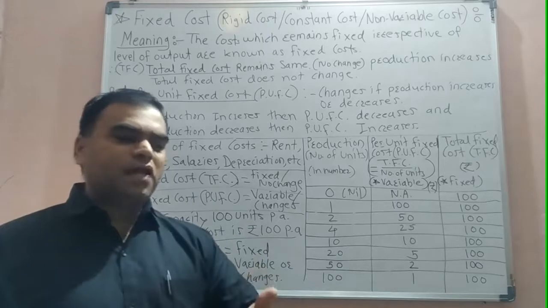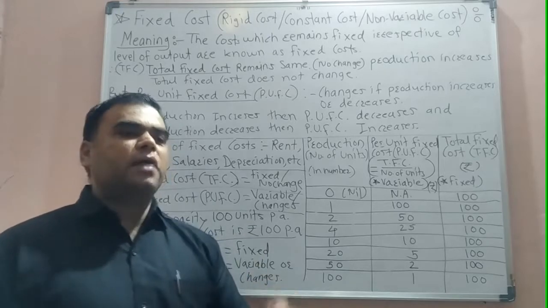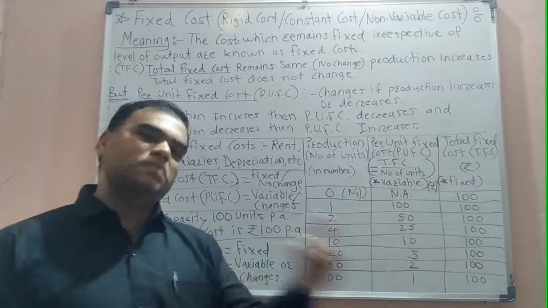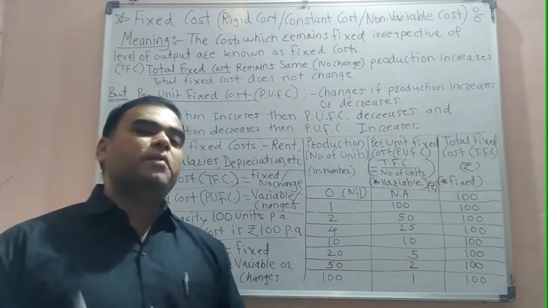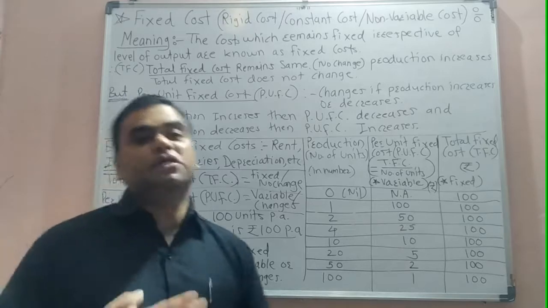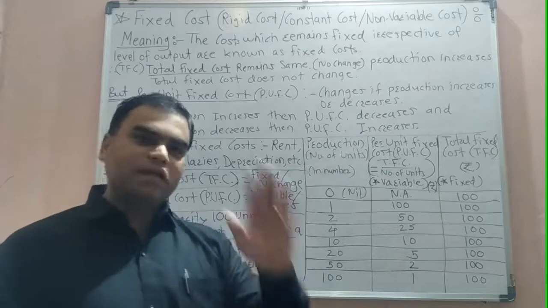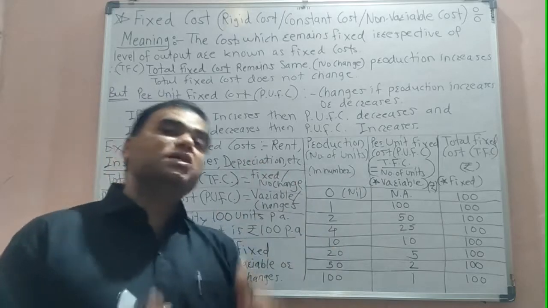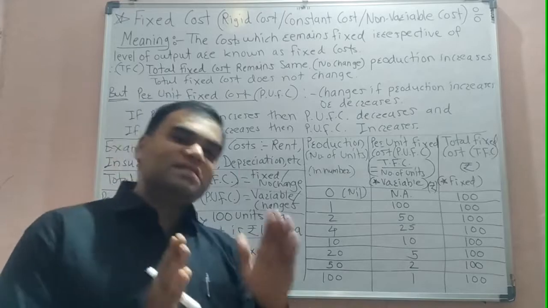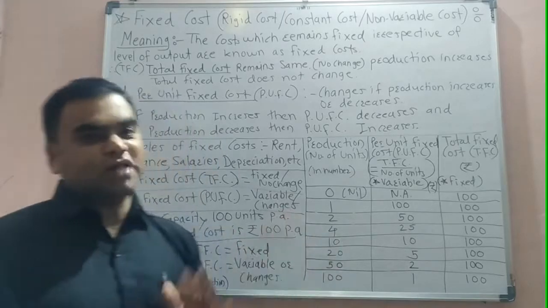Suppose the salary of the accountant is 10,000 per month and you have manufactured 0 units, even then that salary needs to be paid. Then suppose you have manufactured 10 units, 20 units, 100 units, salary will not increase. It will remain the same. That is the cost which doesn't change, which remains fixed. Such cost is known as fixed cost.